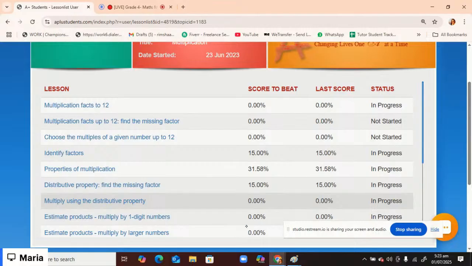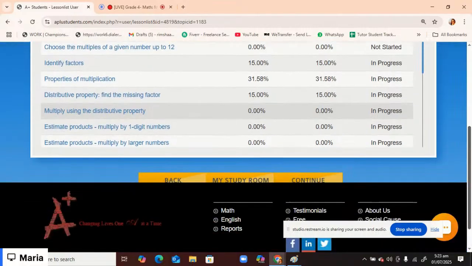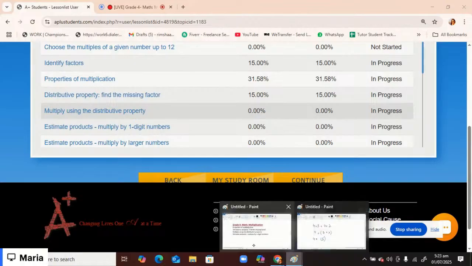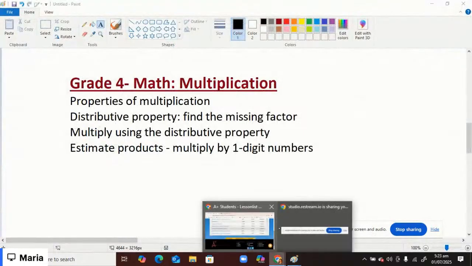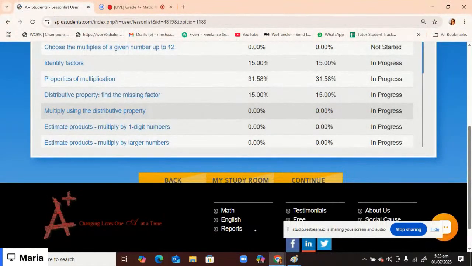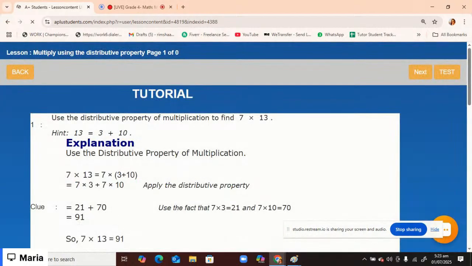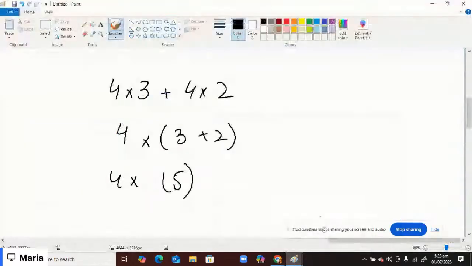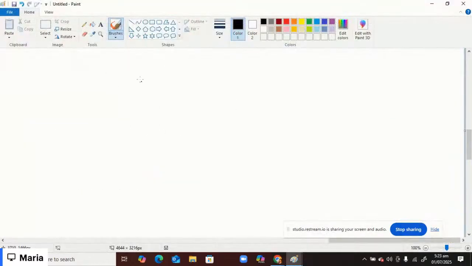Multiplying using the distributive property. Use the distributive property of multiplication to find 7 times 13. Okay, 7 times 13.